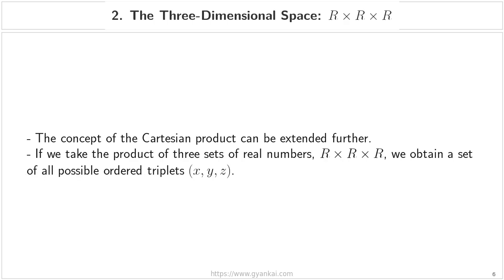For instance, if we take the product of 3 sets of real numbers, which we write as R × R × R, we move beyond the flat plane and create a set of all possible ordered triplets, written as (x, y, z). Instead of just having a pair of numbers, we now have a group of 3 values that allow us to describe much more complex spaces.